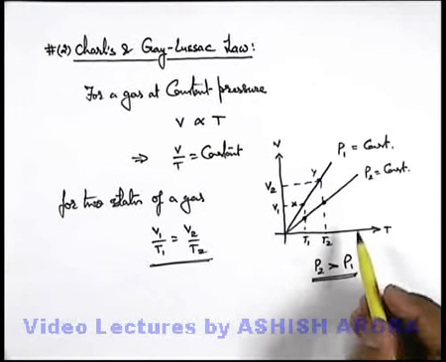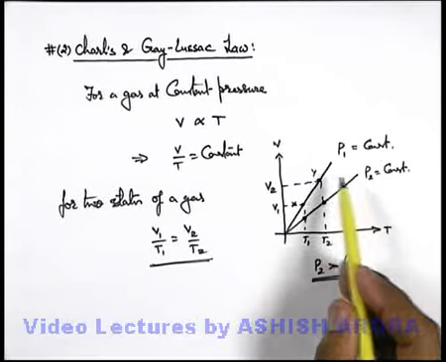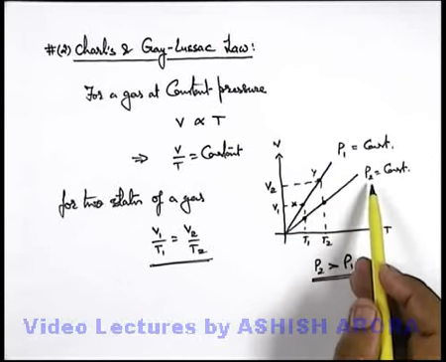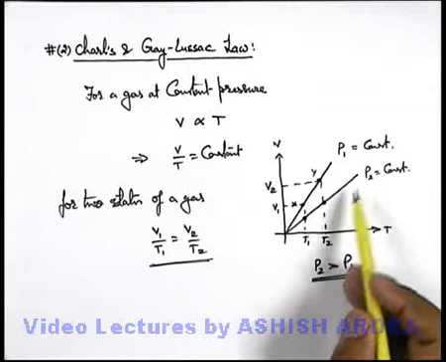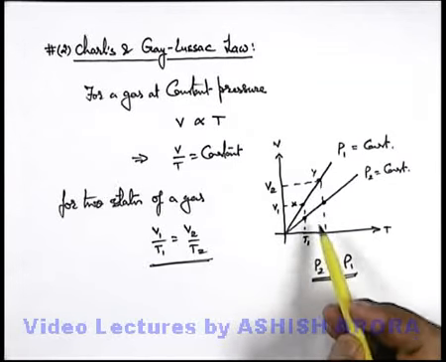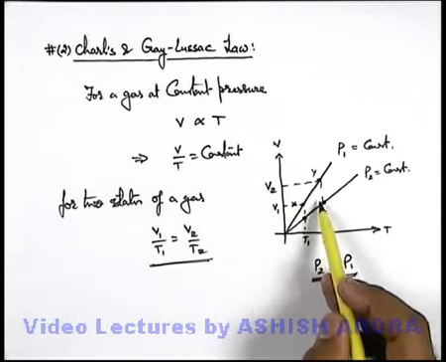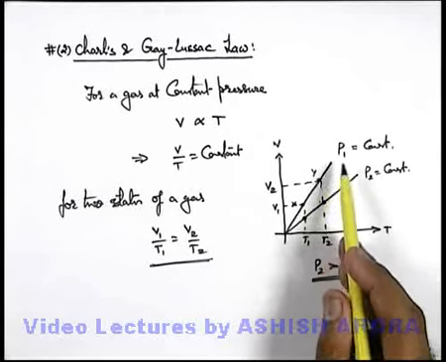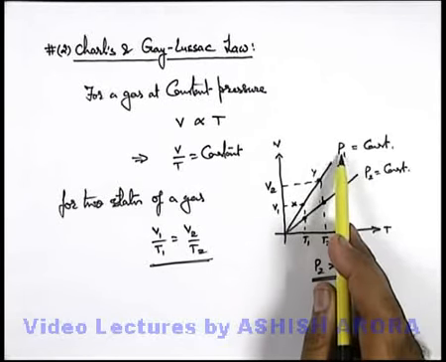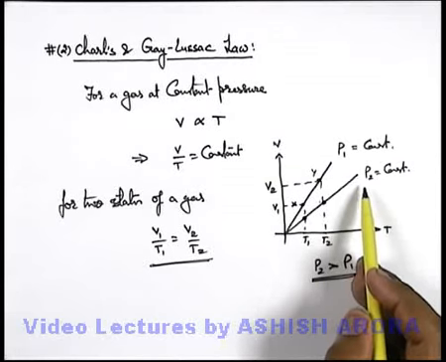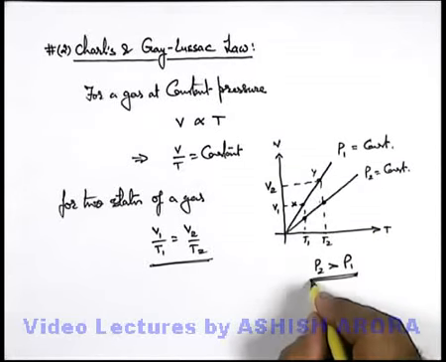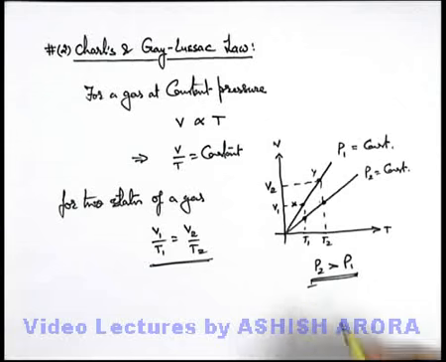This is quite important to understand why on increasing pressure the slope decreases, because if we increase the pressure, the gas will get compressed for the same temperature, so the volume will be relatively lesser on the same value of temperature. So you just be careful about the situation we have analyzed.